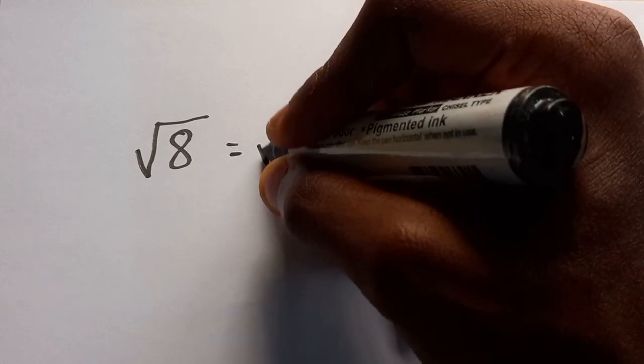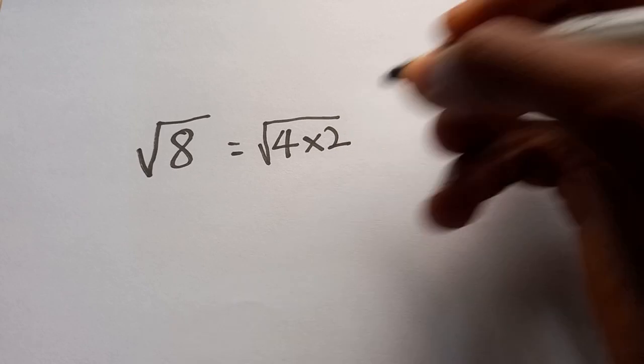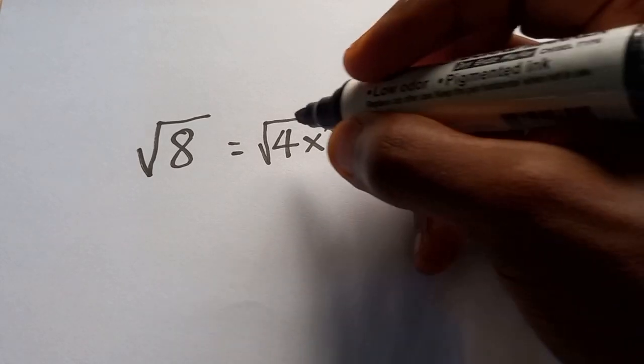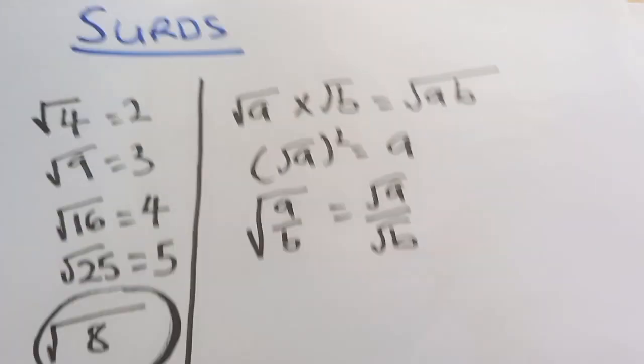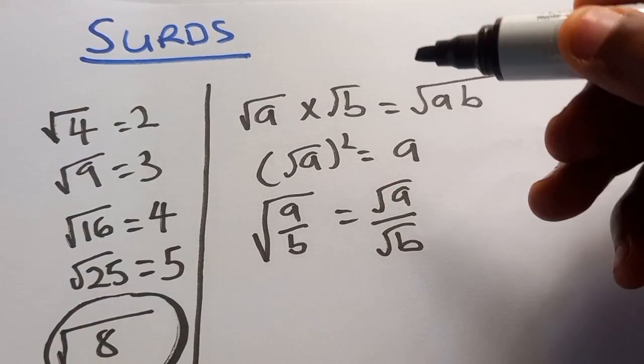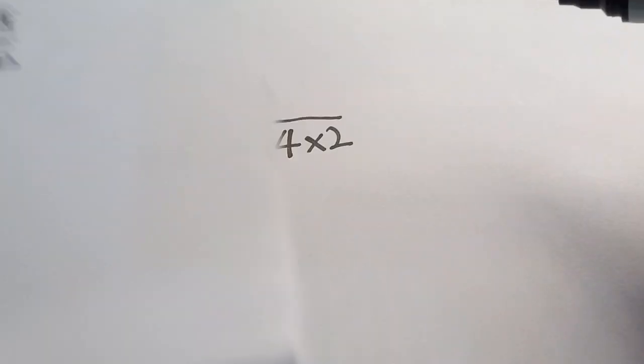We know that it's 4 times what number? 2. We know that from the rule we wrote over here, root of A times root of B is equal to square root of AB.